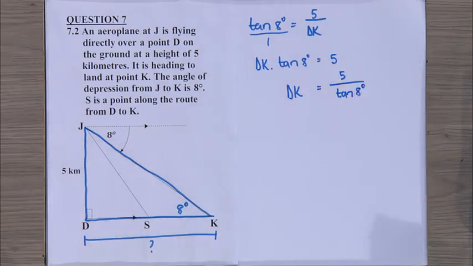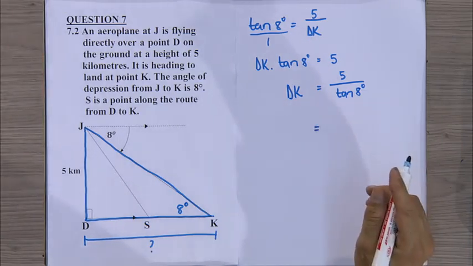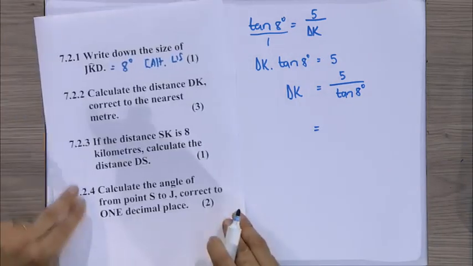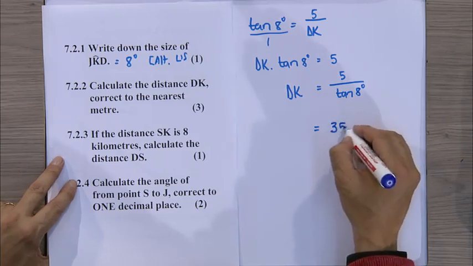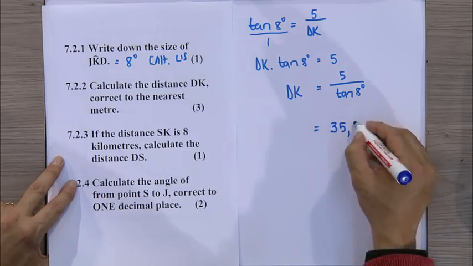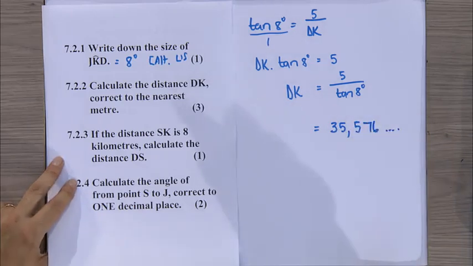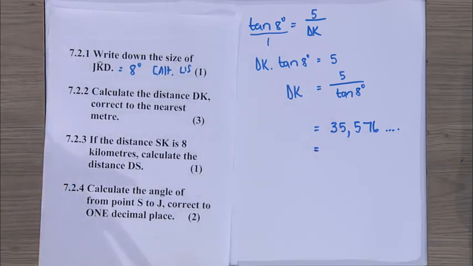And then obviously all that I have to do is put into my calculator 5 over the tan of 8 degrees, to the nearest meter, as they say here. If I put it in the calculator, it gives me 35,576, and we can go on. But to the nearest meter, Michaela, just round it off quickly.